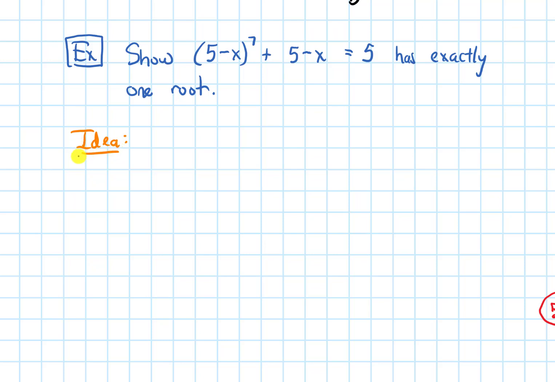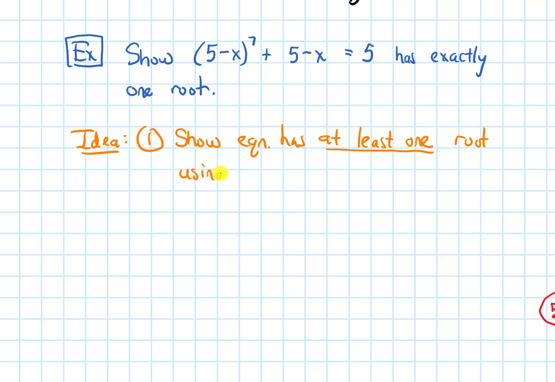If I want to show an equation has exactly one root, the classic strategy is to show the equation has at least one root first. We can show it has at least one root using IVT, the intermediate value theorem, and we've done problems like that before.